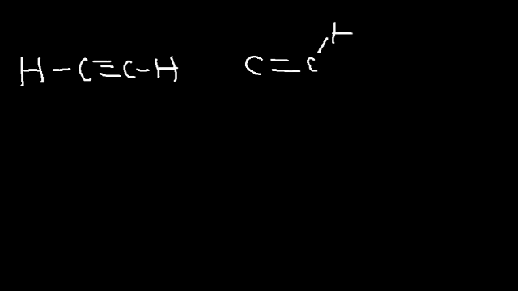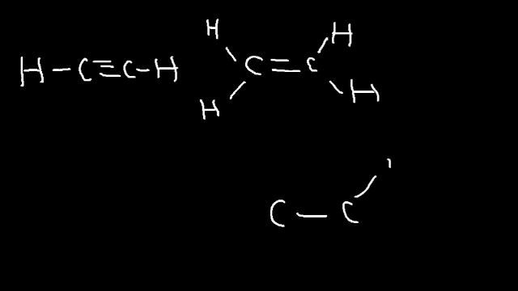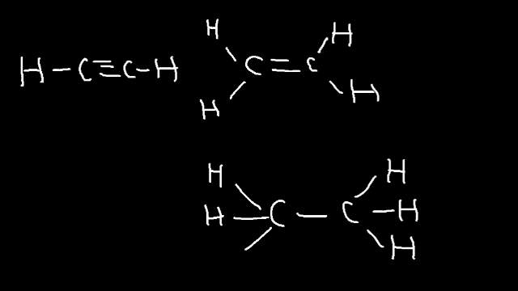Now let's talk about alkynes, alkenes, and alkanes. The pKa of an alkyne is about 25.